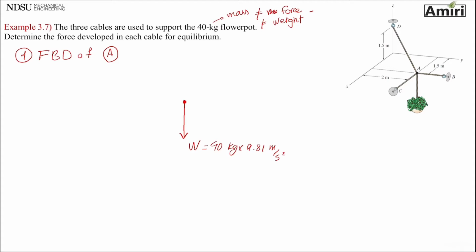Step three is to put reactive forces, forces that are trying to stop this weight, or in other words are providing support and keep the equilibrium. One, I see the cable AC, it is in tension, meaning it's going away.